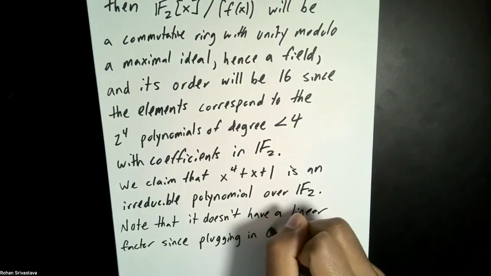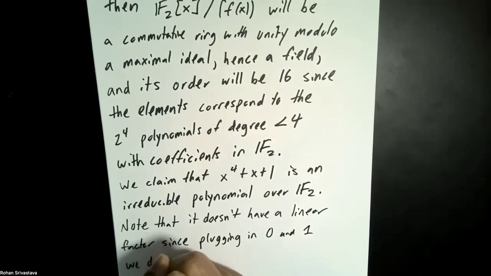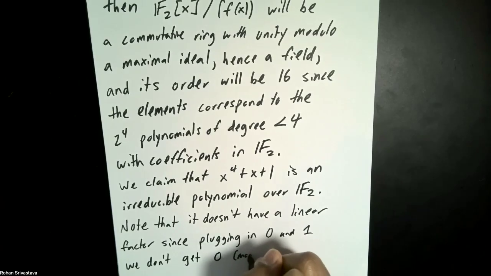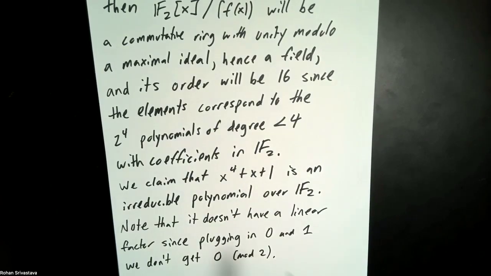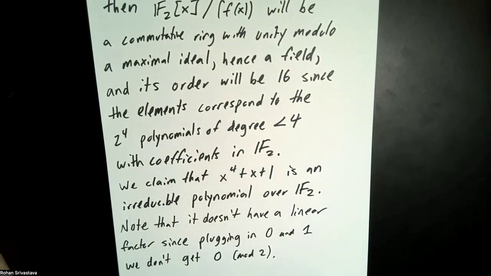Plugging in 0 and 1, we don't get 0 mod 2. If we plug in 0 to this polynomial, we get 1. If we plug in 1, we get 1 plus 1 plus 1, which is 3, which is 1 mod 2, not 0 mod 2. So it doesn't have a root and therefore doesn't have a linear factor. When you're in F[x], where F is some field, then having a root is equivalent to having a linear factor.